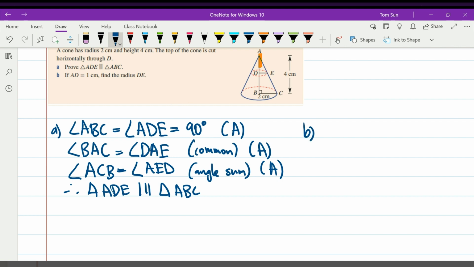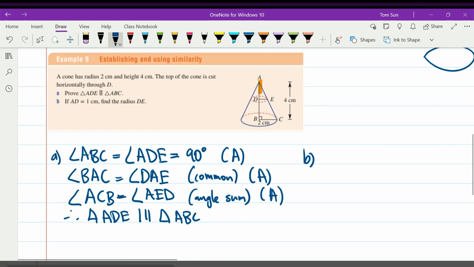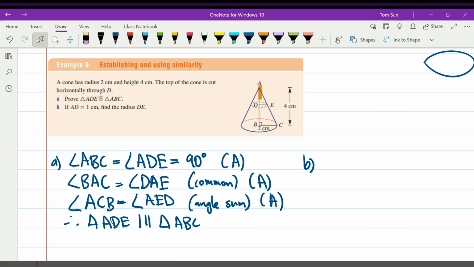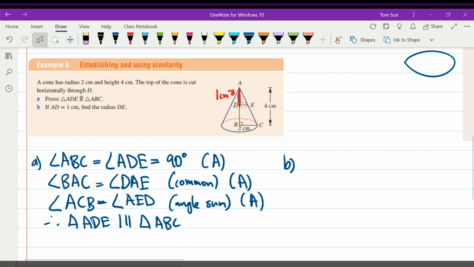Now, because we know that they're similar triangles, they're giving us new information. AD, right here, is actually 1 centimeter. That gives us a lot of information to use because now we can use proportion. Remember, proportion has to be the same ratio, same scale factor.